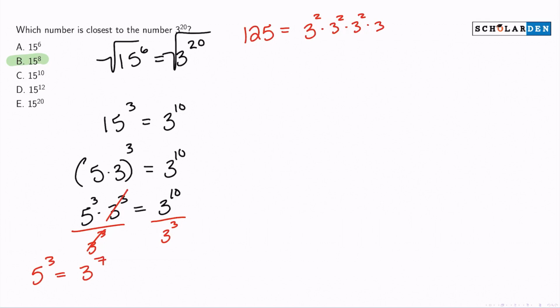That is 2187. So we have a comparison of 125 equals 2,187. I hope you can clearly see that comparison is off. It is not even close. 15 to the power of 6 is nowhere near 3 to the power of 20 once we simplify the common terms.